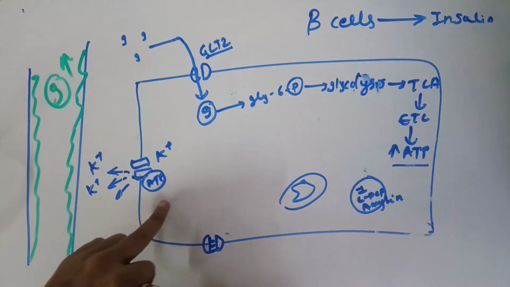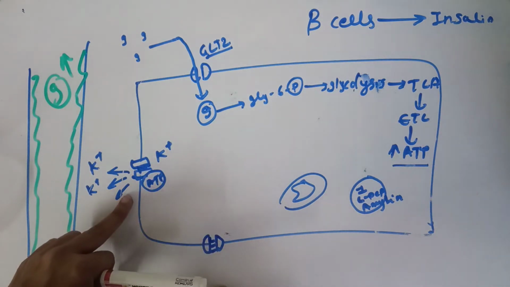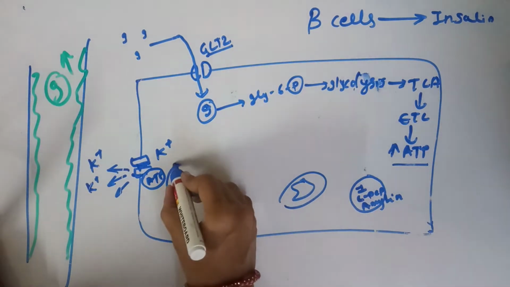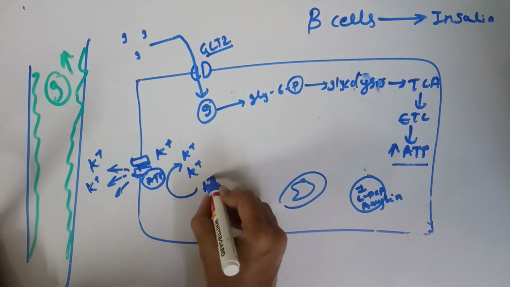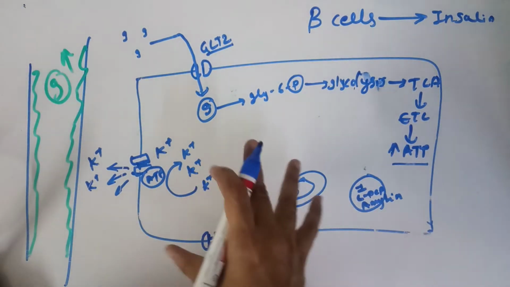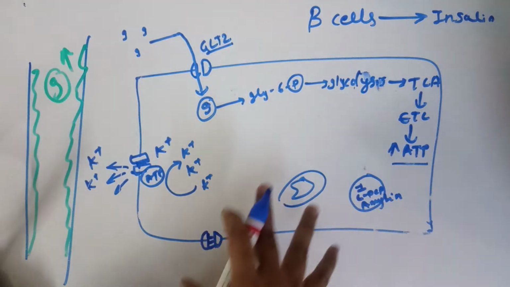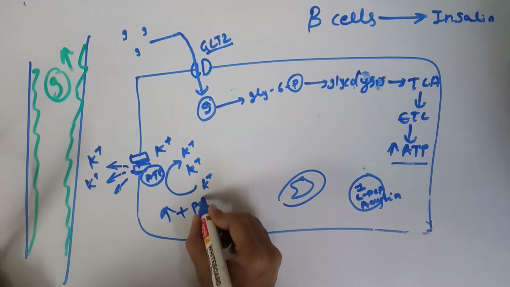Okay, when it binds to your potassium channel, it closes this potassium channel, and because of this, potassium ions remain inside only. Because of this, what happened? The internal environment becomes highly positively polarized.